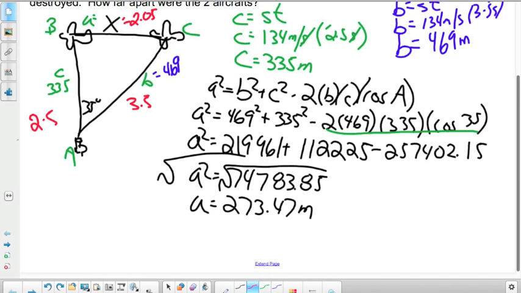What does that 2.05 represent, though? If the rocket was flying from there to there, that's how long it would take. Because we're dealing with time now, this represents that if this projectile was shot from this plane to this plane, it would take 2.05 seconds to get there. Then you could apply 2.05 times 134 meters per second, and you should get the same answer. So either way it works. Kind of cool that way.